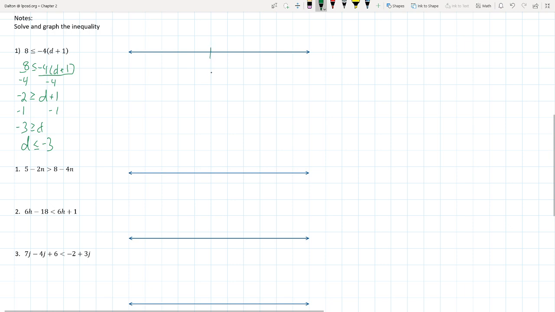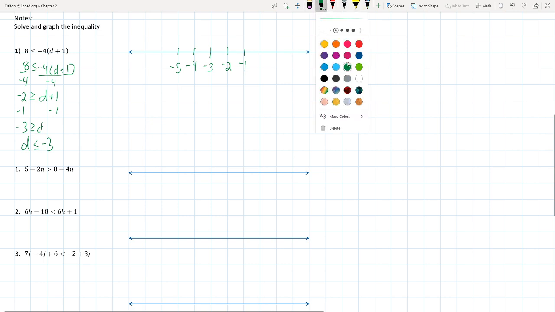So up here in the middle, because we get to make our own graphs, I'm going to put the number that I'm starting with. So I'm going to start with -3, and then I'm going to go up a couple, -2, -1, and go down a couple, -4, -5. Now the question is, how does this look? Well, I know that it's at -3, so I put a circle.